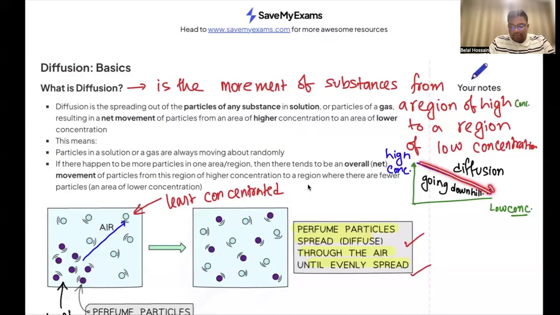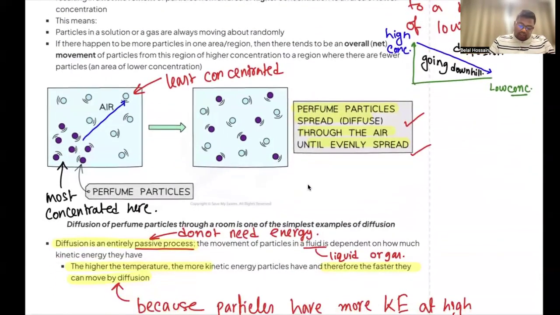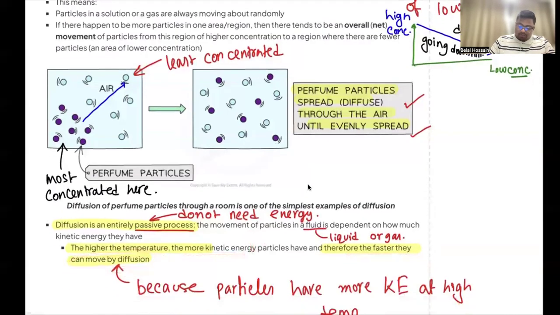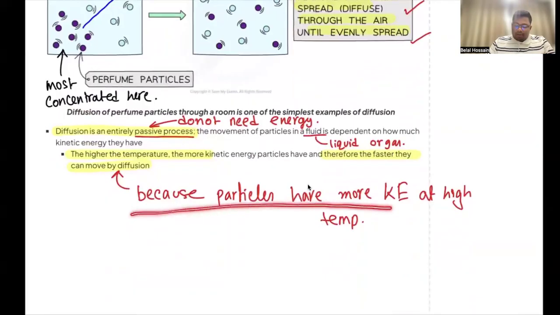No need for any energy. It goes from most concentrated to least concentrated in fluids. The fluid can be liquid or gas. Diffusion is an entirely passive process. It does not need energy. But if the temperature of the air or kinetic energy is higher, they move faster and there is faster diffusion, because particles have more kinetic energy at higher temperature.